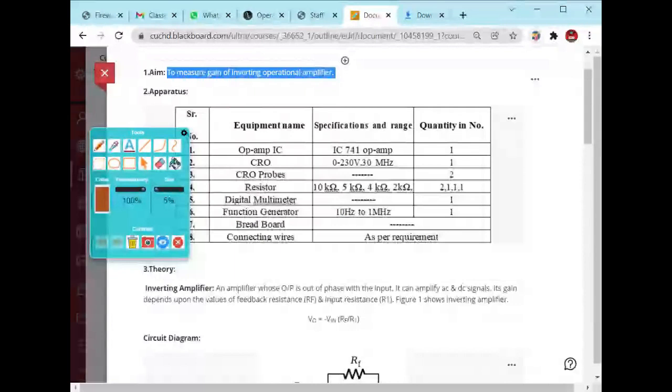We can use this operational amplifier in analog calculations.